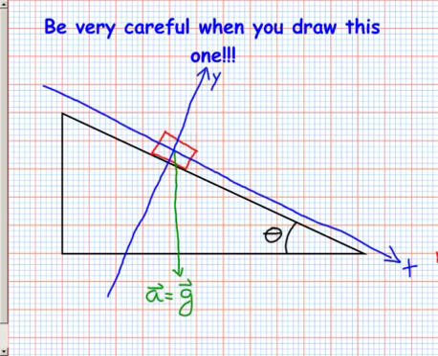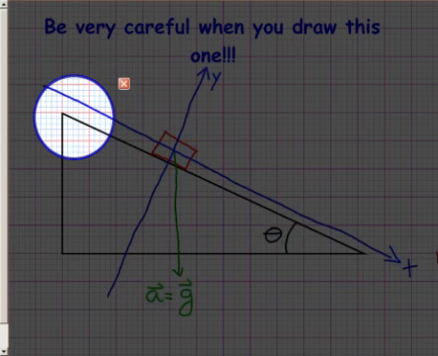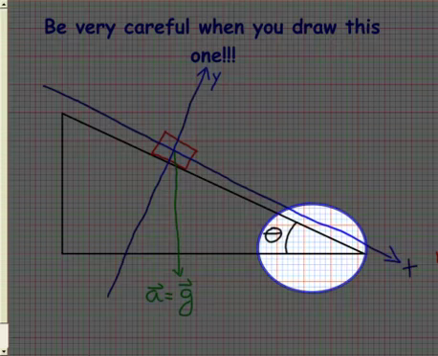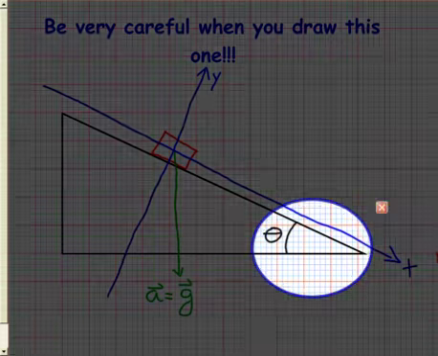Make sure you can tell the difference between theta and the other angle on the other side, this upper corner here. Make sure that angle and the angle with theta on it are different sizes.